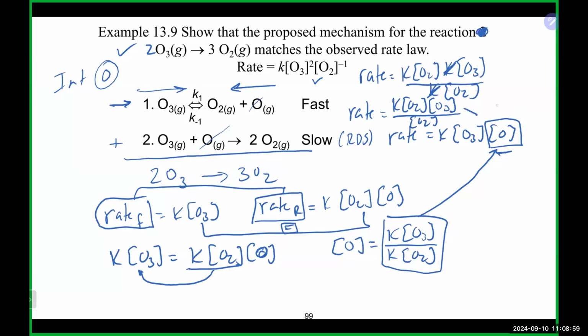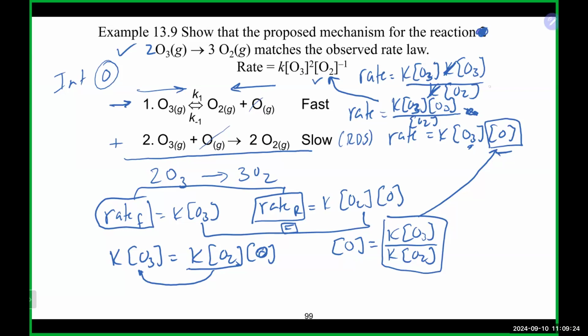Now we have something that we can compare. Do they match now? The answer is yes, they do match. Because up on top, if I wrote this correctly, that should be O3 for both of those. That would be better if I could actually copy that better.